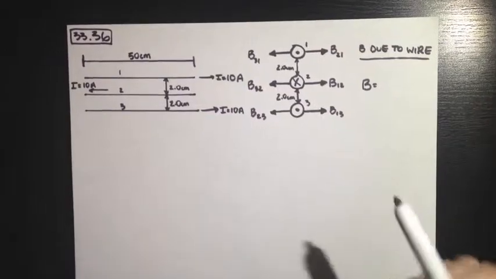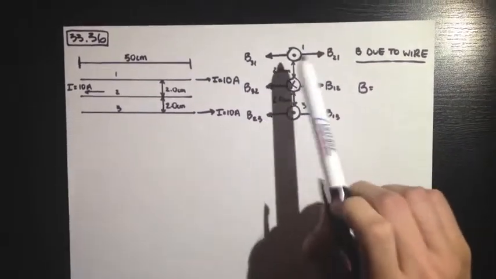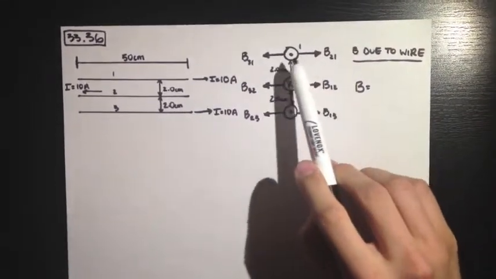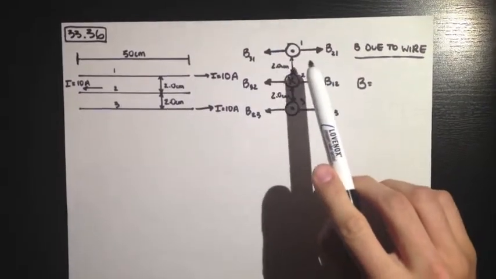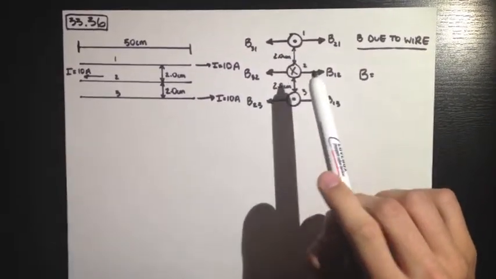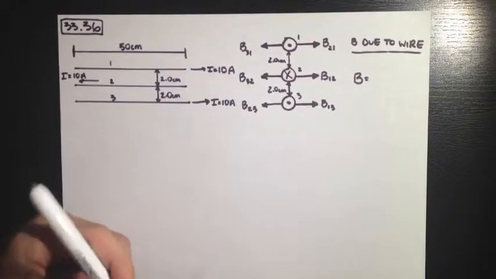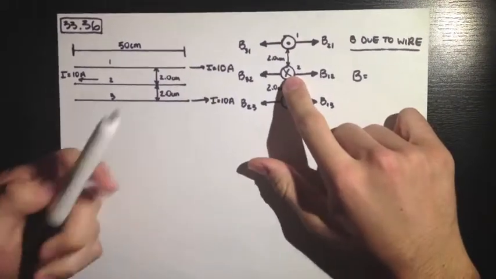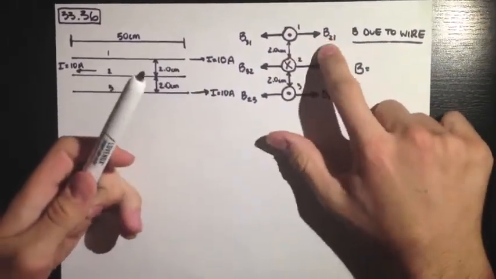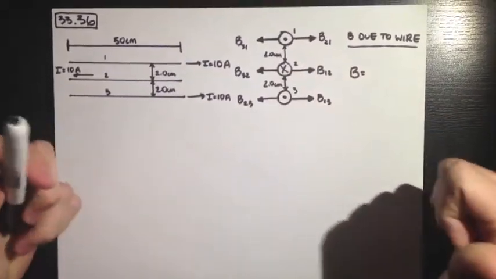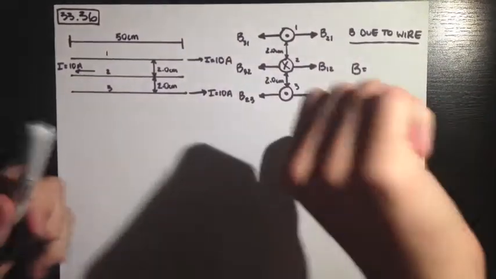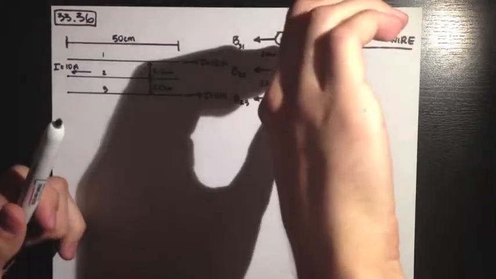So just for a few of them, we'll look at point 1 here. To get the 2 forces on point 1 from the magnetic field, we do the right hand rule. So here, the force from 2 on 1, we want to put our thumb in the direction of the current, so that would be down, and then we curl around to get the magnetic force.